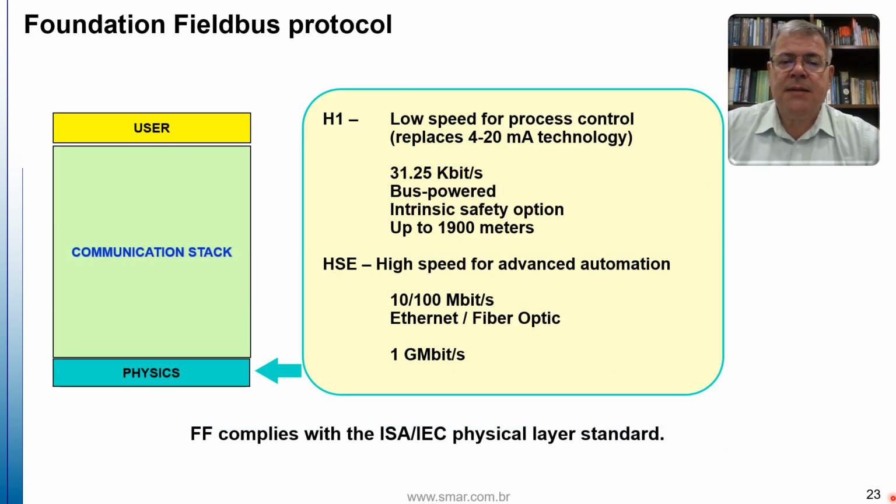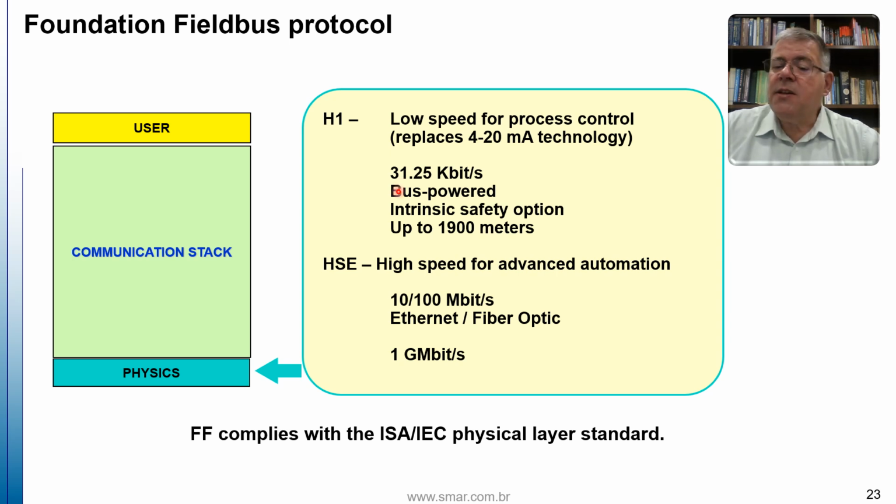Therefore, in the physical layer, we have the following characteristics. In H1, we find a field network, referred to as low speed, which will substitute the 4 to 20 milliamp technology. Operating at a speed of 31.25 kbps, it is directly powered by the bus itself.